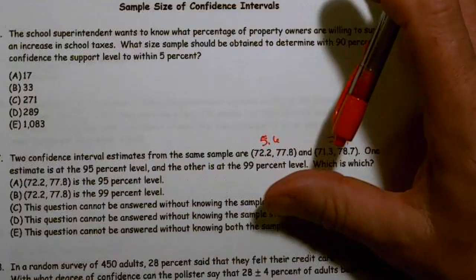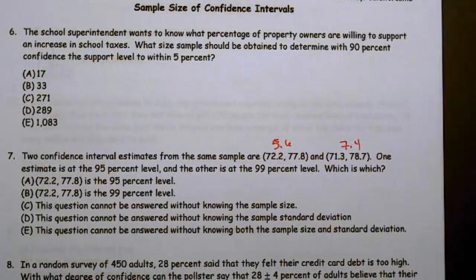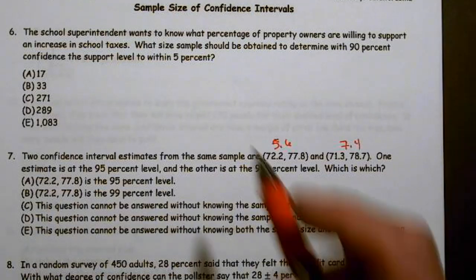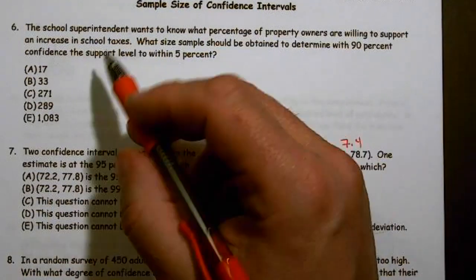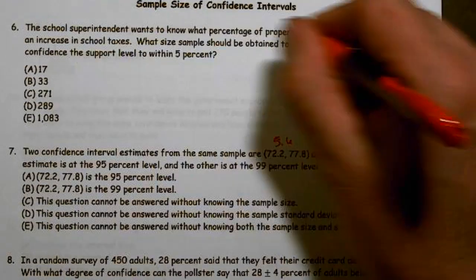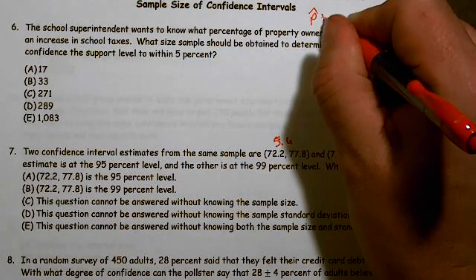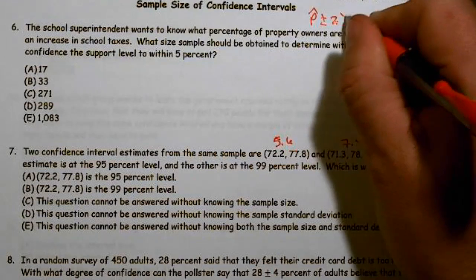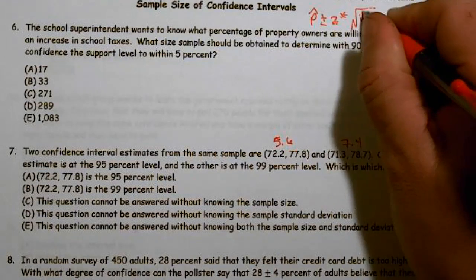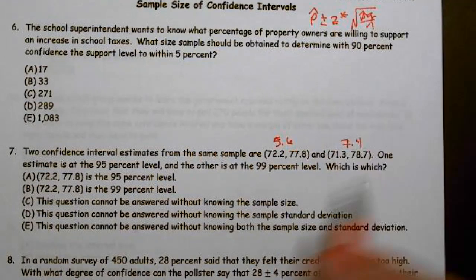All right. So number 6, the school superintendent wants to know what percentage of property owners are willing to support an increase in school taxes. What sample size should be obtained to determine with 90% confidence to support within plus or minus 5%? So in this case, once again, p hat plus or minus z star times the square root of p hat q hat over n.